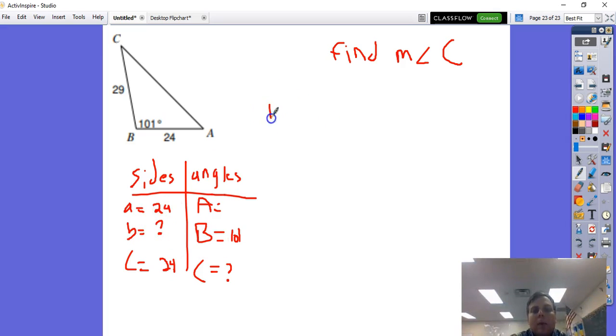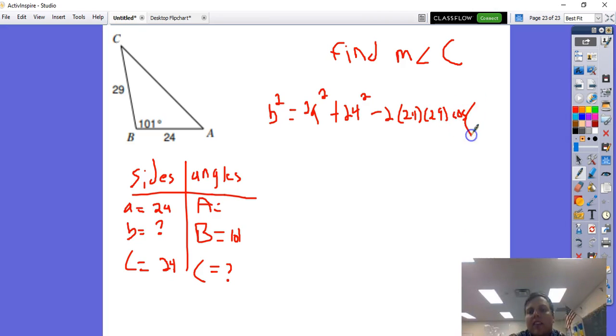So I would say that b squared is equal to the other two sides squared and added together, minus the two sides times 2, so 24, 29, times cosine of the angle opposite the side I'm trying to find.